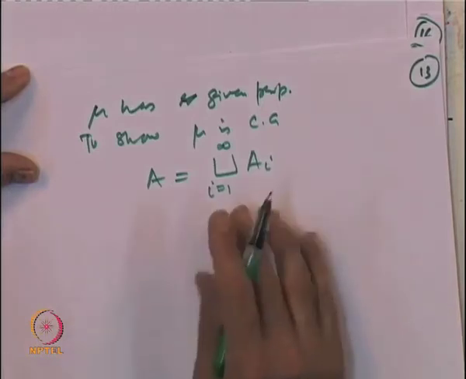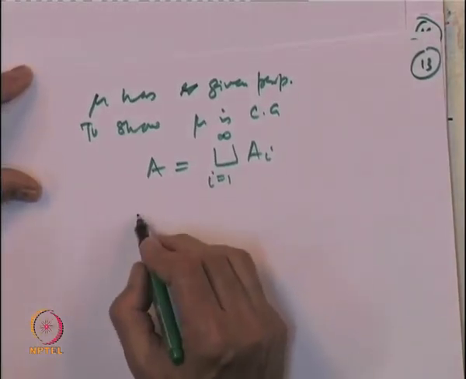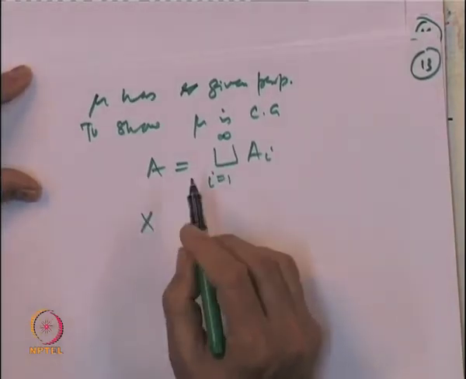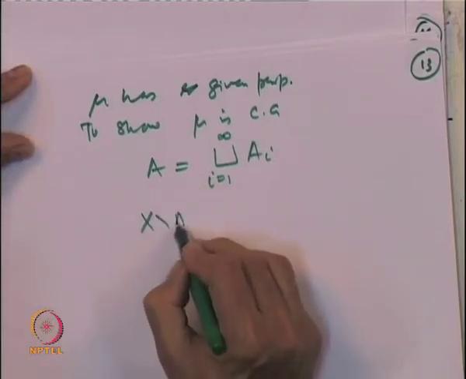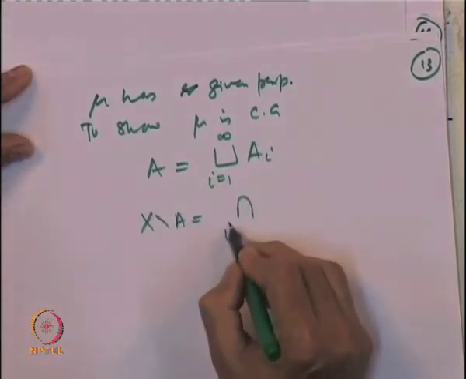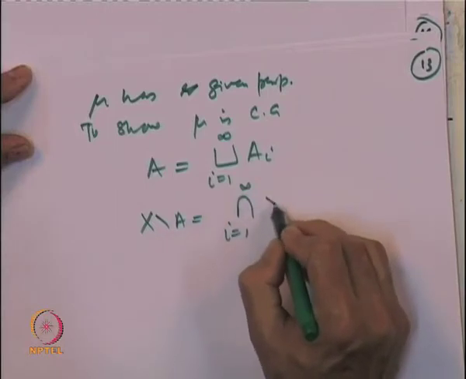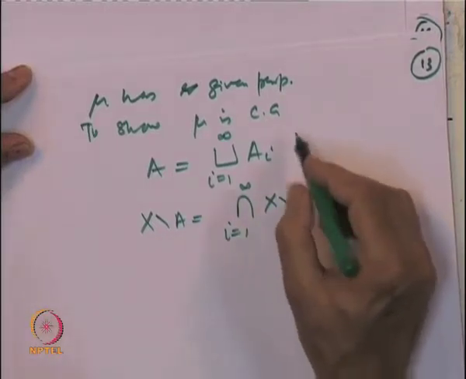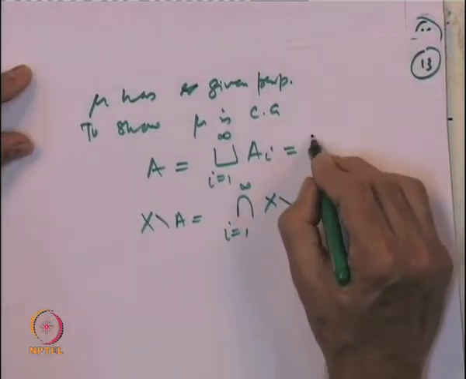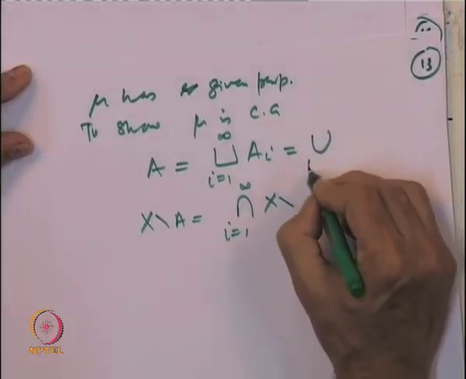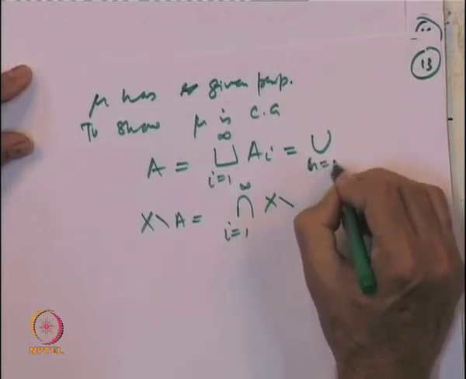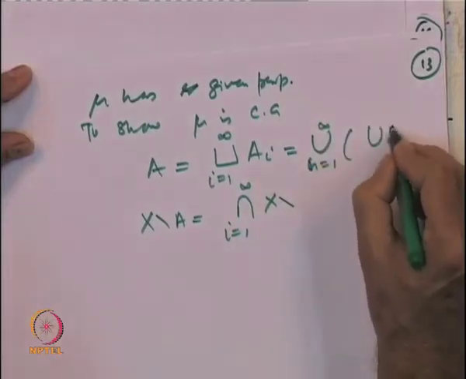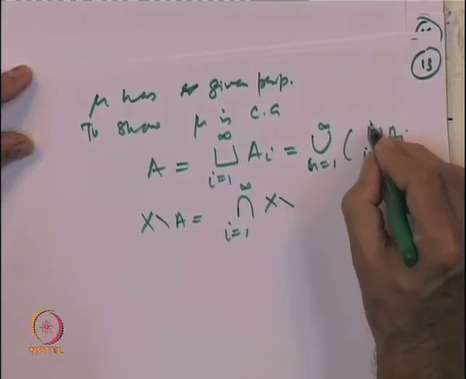Then X minus A is the intersection over i equal to 1 to infinity of X minus A i. Let us write this as the union over n equal to 1 to infinity of the union of A i's, i equal to 1 to n.